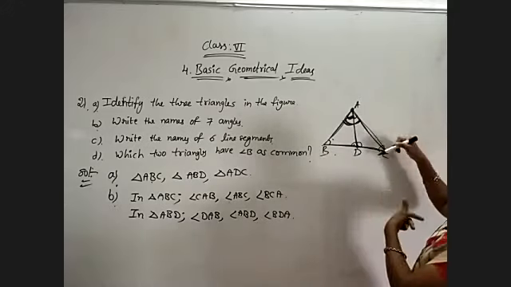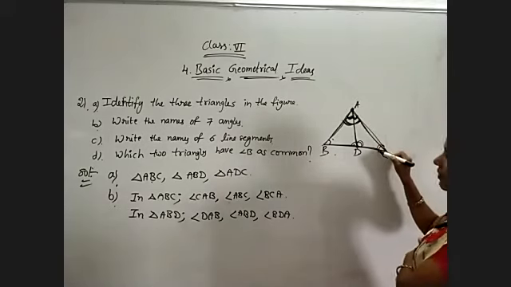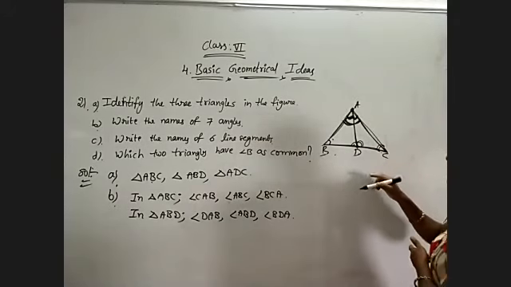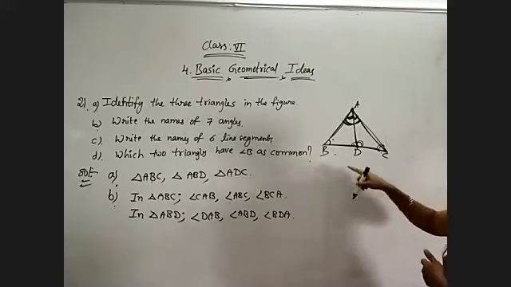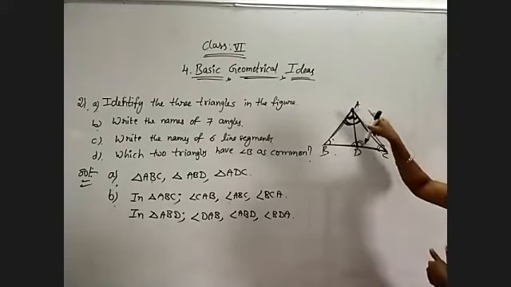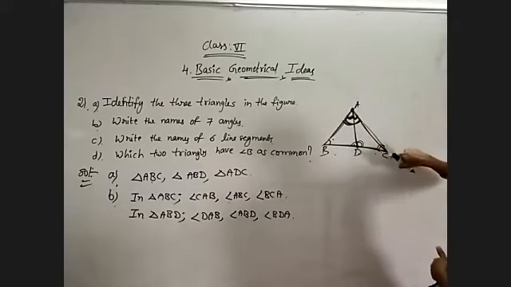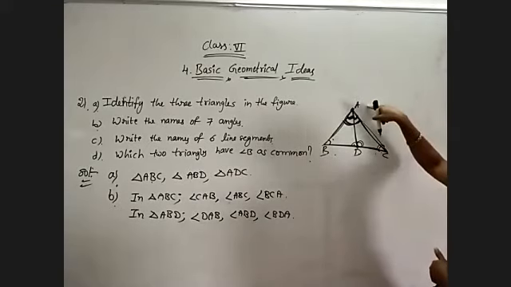Okay, now for this triangle, what are the angles? This angle and this side and this one. So how can we write this? What I wrote was ADC. So start with CDA, otherwise CAD. Then ADC, DCA.